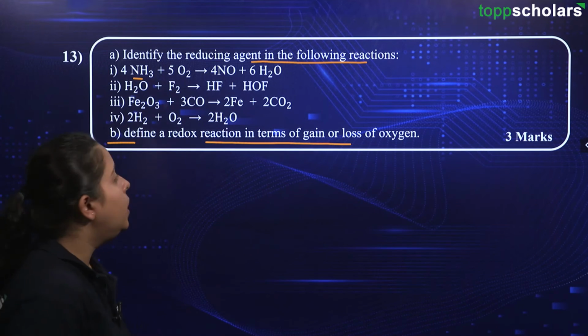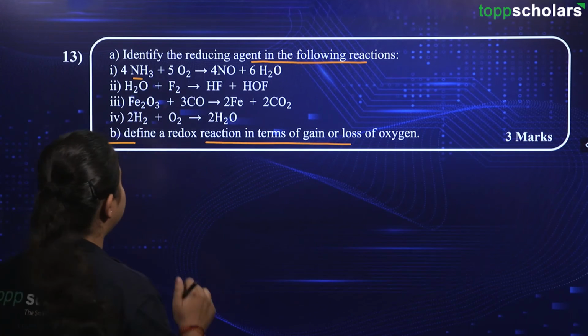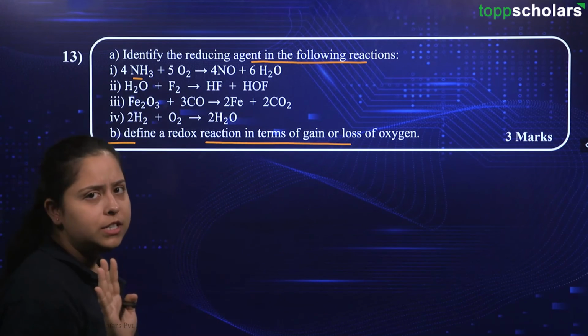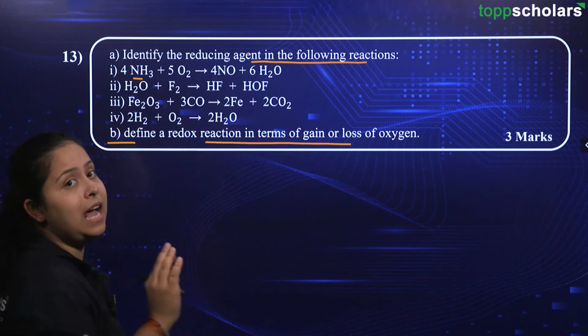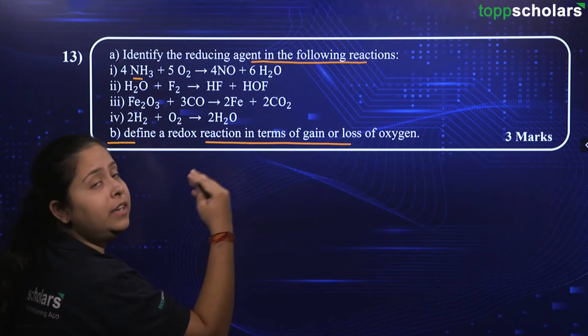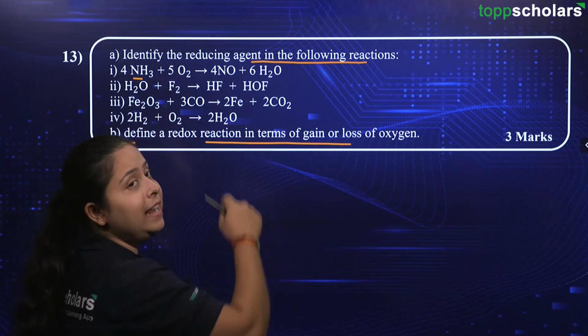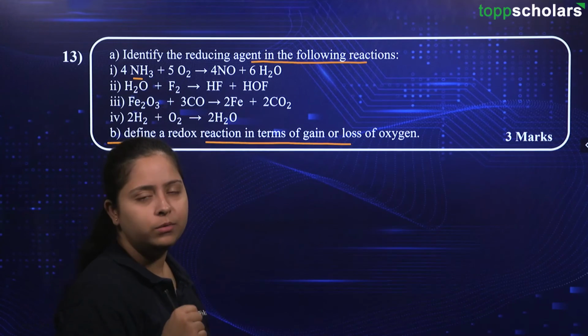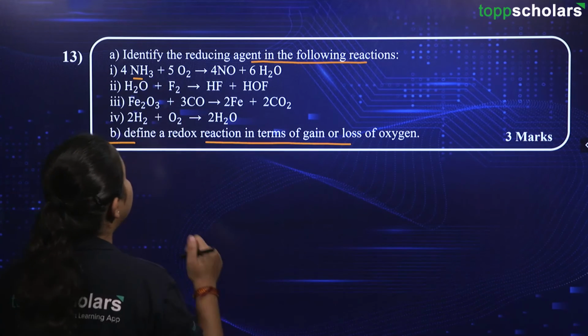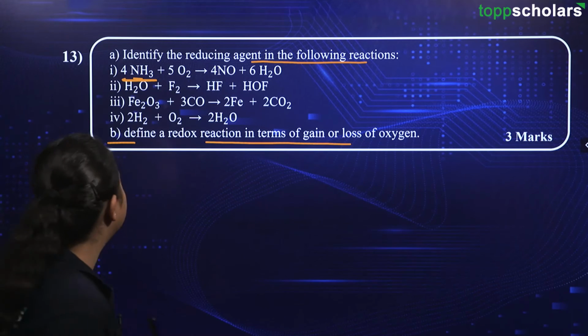So we need to find the compound which is causing reduction and itself undergoing oxidation. NH3 does not have oxygen, but now over here N is having the oxygen. So it is oxidized, okay. And it is causing the reduction because O2 does not have hydrogen, but on the product side it has H2O now, right? That means hydrogen is being added. So over here NH3 is acting as a reducing agent, alright.